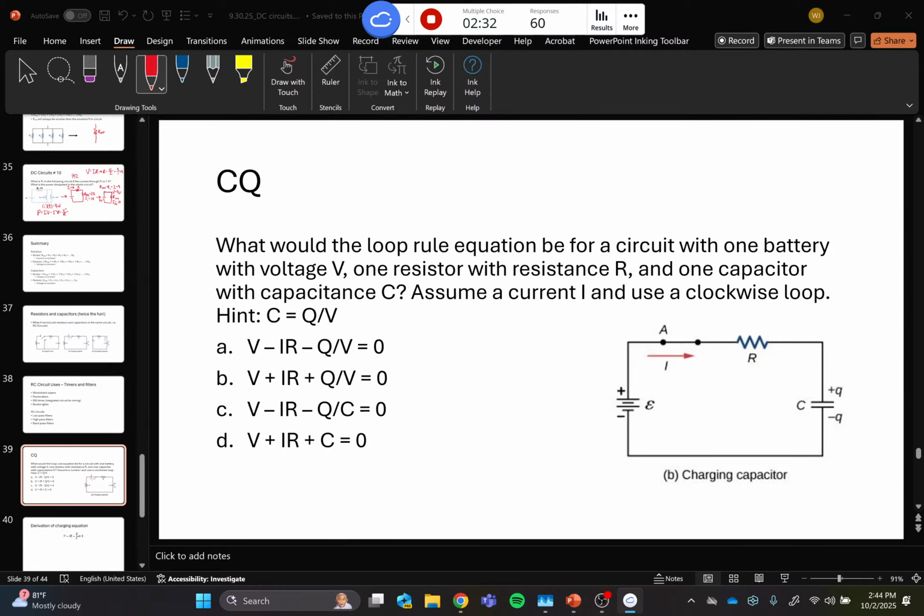I want to go down by the voltage of the capacitor. How do I find the voltage of the capacitor? All right, great. Rearrange it.